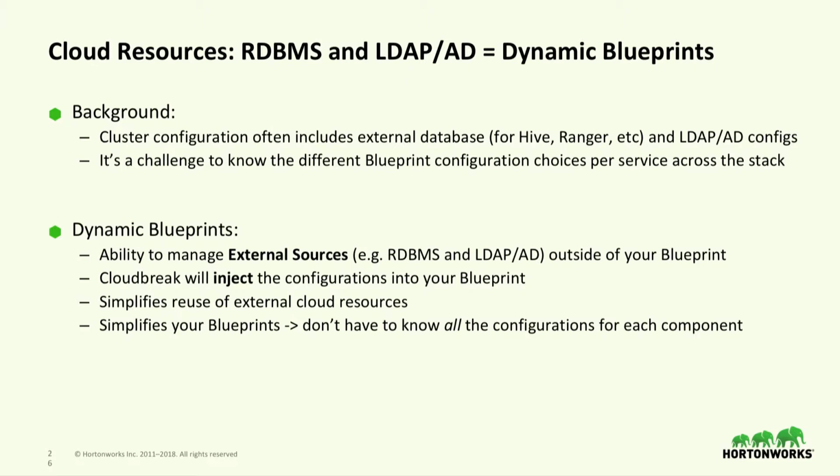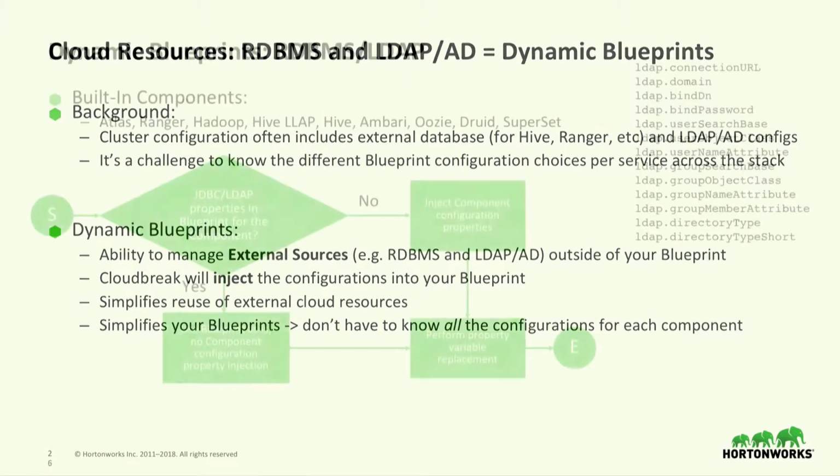And we provide this feature called dynamic blueprints, which lets you define these LDAP and RDBMS as external sources and reuse those sources and inject those configurations automatically into the blueprint, which Ambari processes later.